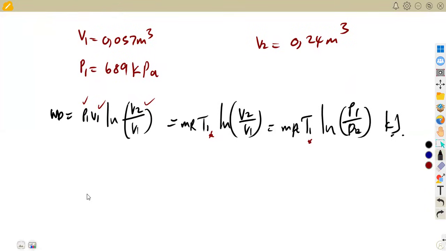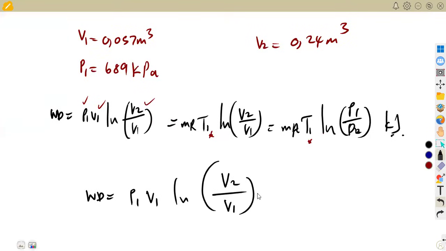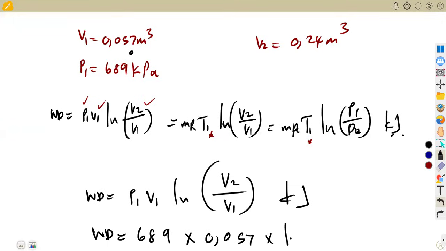We have got everything there to find a work done, P1, V1, the ln of V2 over V1. So our answer, you obtain 8 in kilojoules. So that is just substituting your P1, 689 times V1, that's 0.057 times the ln of V2, which is 0.2, for everything over V1. That was 0.057.